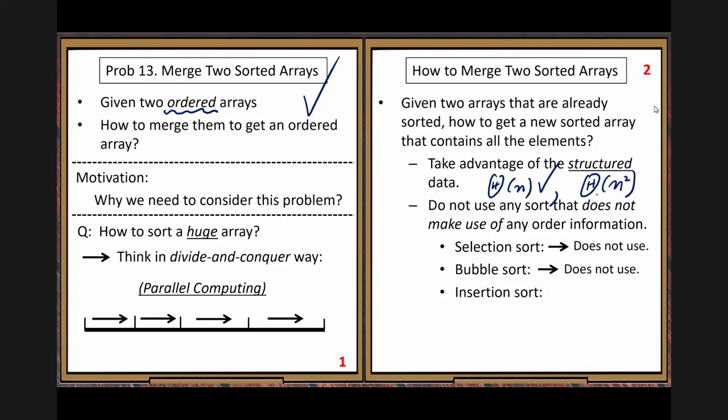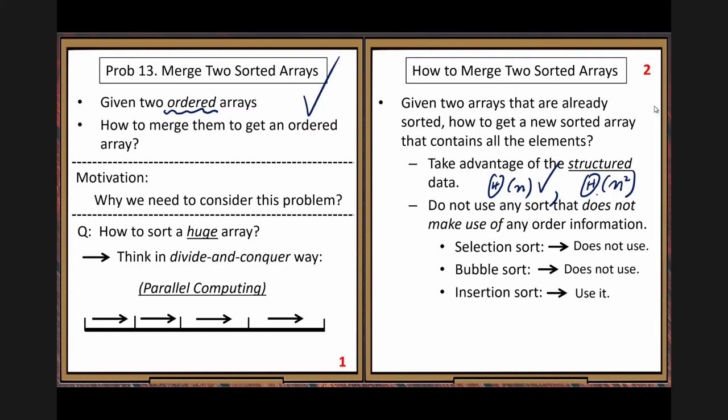That means here we should make a connection of our current merge problem to the insertion sort problem. Because at least in the property of making use of the order information, we can borrow some idea from the insertion sort.